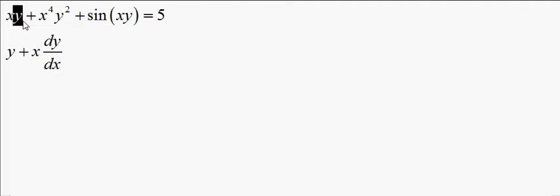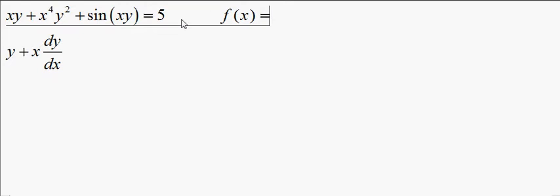But remember, this is a function. The derivative of this would be 1 if it was just a variable, but remember, it's a function of x. So you're really writing this as y is really f of x.